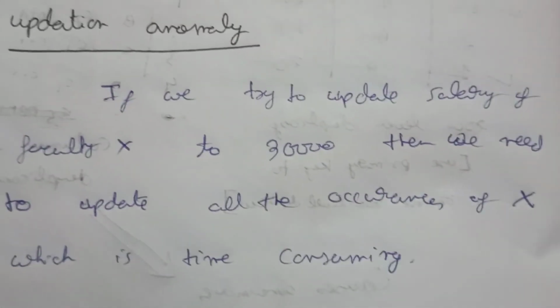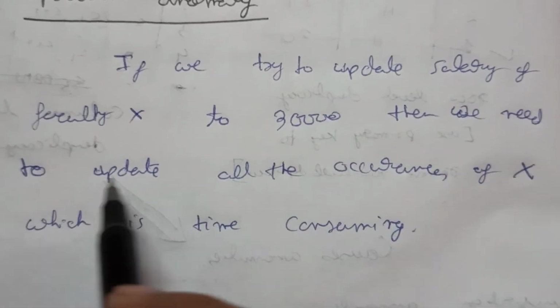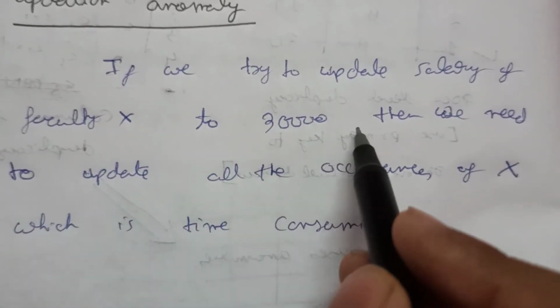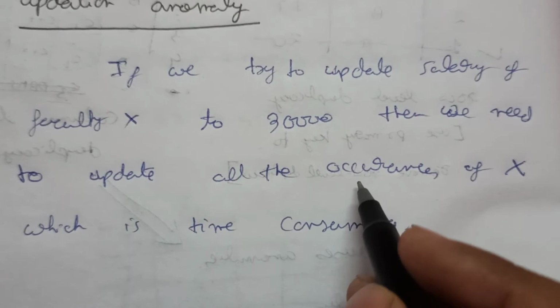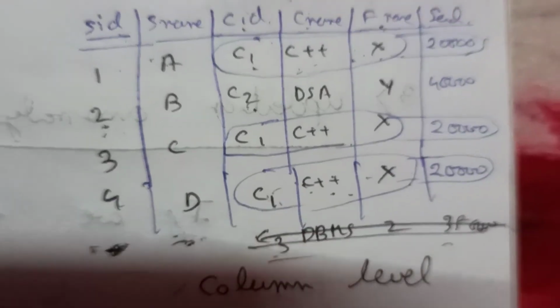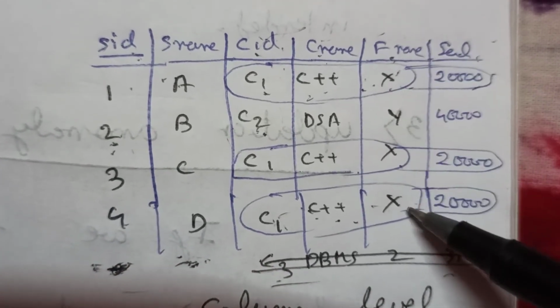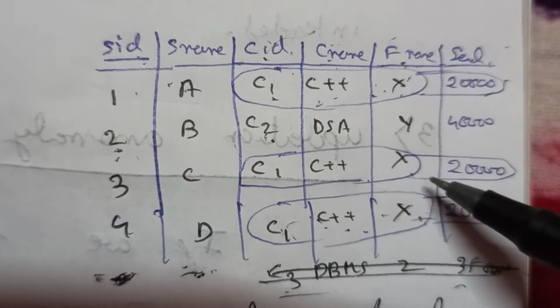There is another anomaly, that is updation anomaly. Let's check. If we try to update the salary of faculty X to 30,000, then we need to update all the occurrences of X, which is time consuming. In our table there are particular rows where the faculty X is mentioned.